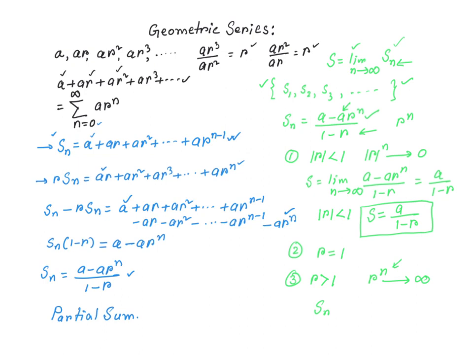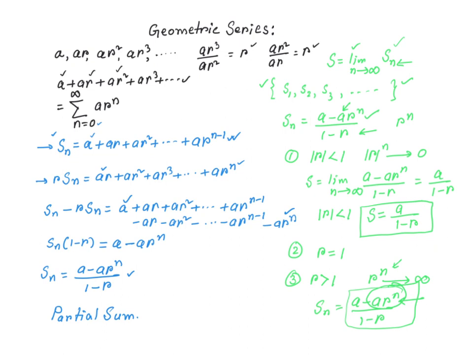So s sub n is equal to a minus a times r to the power n over 1 minus r. Now, in that case, what's going to happen? This term is going to diverge. So the resulting expression, which is this whole thing, right, is going to diverge. So the series will diverge.